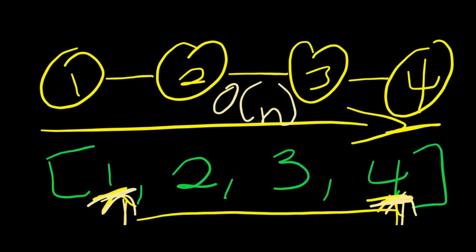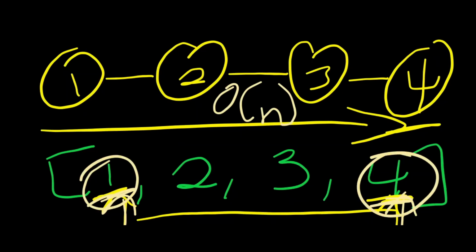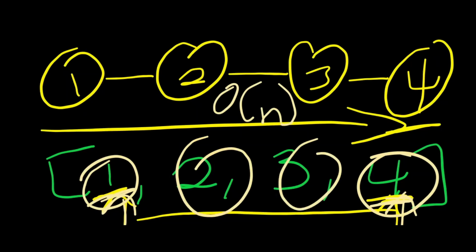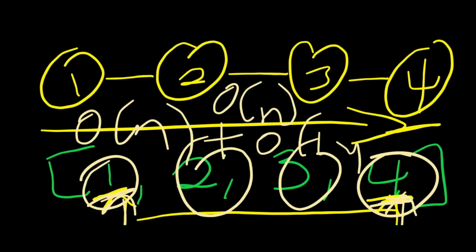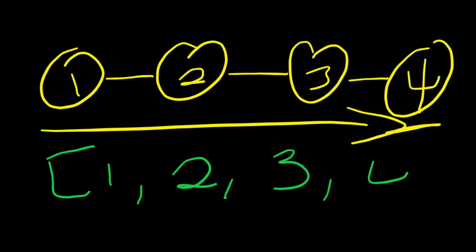In one iteration, we are considering two numbers. First we are considering this and this, then we are considering this and this at the same time. Basically, we are dividing our step by 2. So this is going to be an O of n plus O of log n operation. So this is not an O of n operation, this is an O of n log n operation.